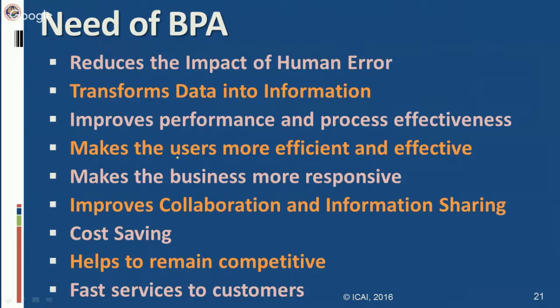Once business process automation is done, there has to be business process management and re-engineering. At the same time, we need to put in certain controls so that the business processes do not become vulnerable to threats and attacks from the internet and networking.